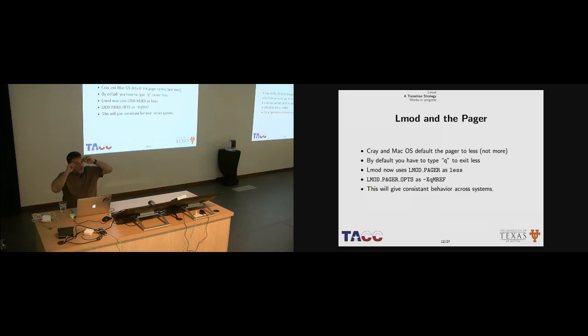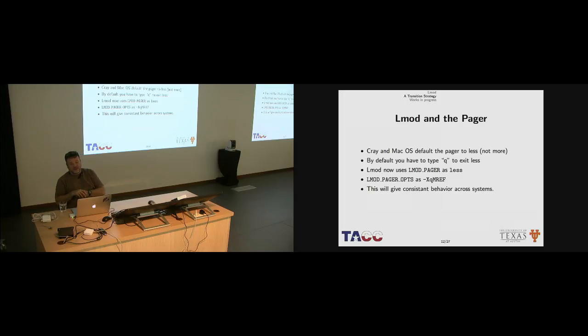So there are multiple ways to handle things like Avail and Spider. I like it going to standard error, because that's the way Tmod has always been, and Lmod does the same thing, and I've added a pager. But there was a problem with the default pager on Mac OS, which only affects maybe me and Kenneth, but the Cray's default pager is less.